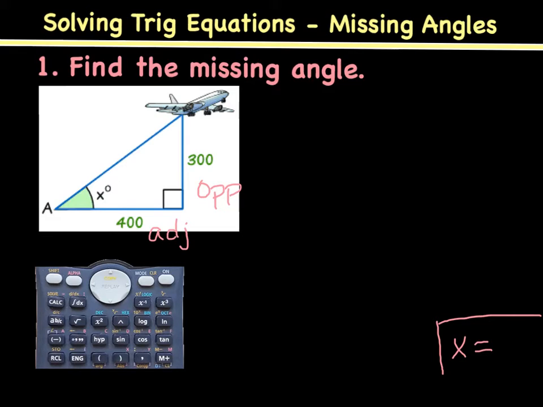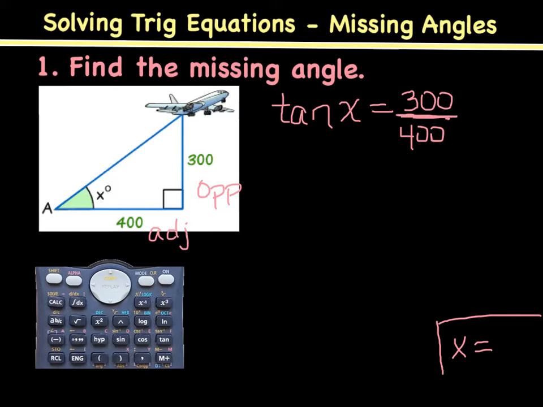Okay, so here's what we have. Tangent of x degrees is equal to opposite, which is 300, over adjacent, which is 400. Well, we're looking for an angle this time, so we have to do things a little differently.